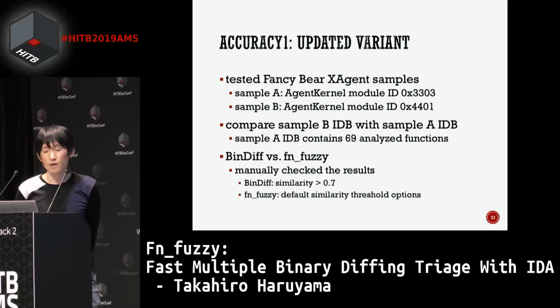On the other hand, FNFuzzy could not find any at all. 1 function was found by changing one of the execution options, but it's a trade-off between accuracy and performance. And some functions are not obfuscated, actually, but call flow graphs changed due to more call instructions. Machoc hash calculation splits basic blocks by call instructions. That's why they were missed by FNFuzzy.